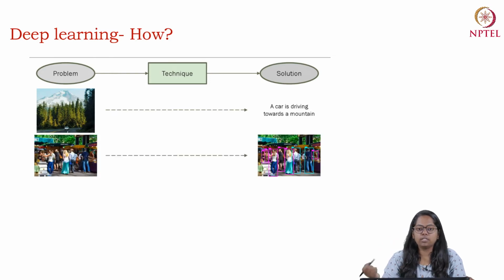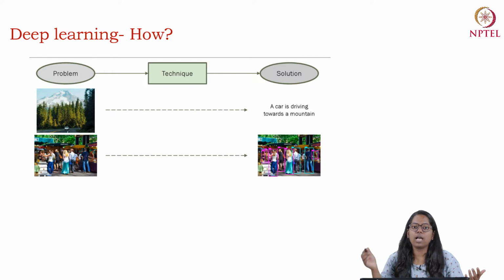Now, another example, for the case of image classification, the problem or the input is the simple image without any class objects, and the solution is the bounding boxes of the different classes or the different objects that are present in this image.